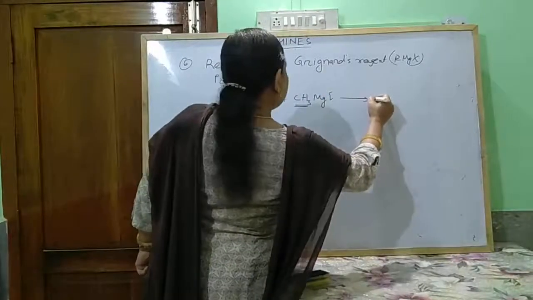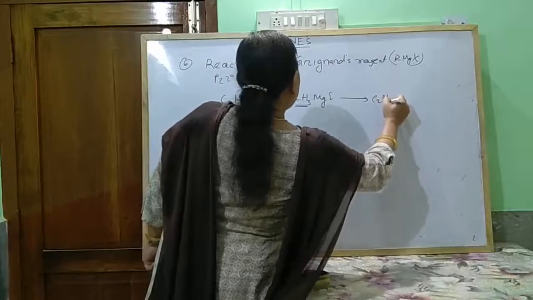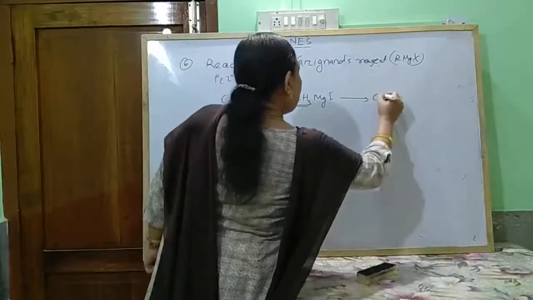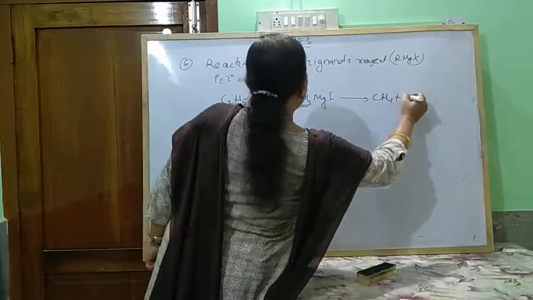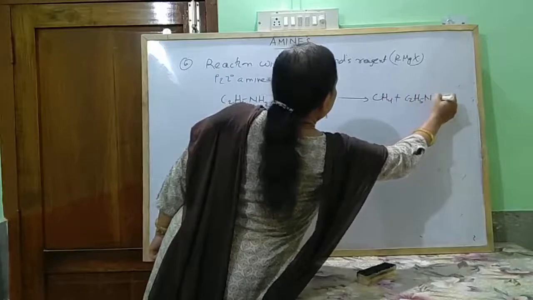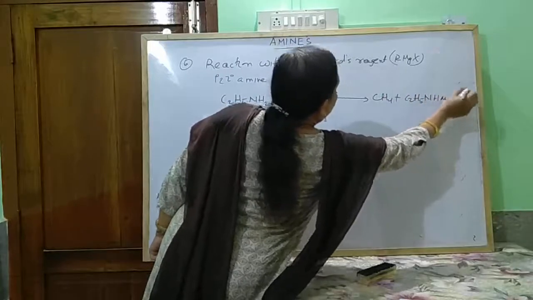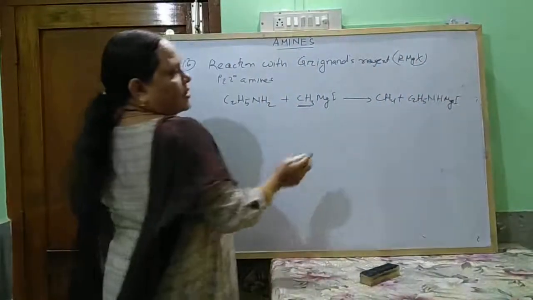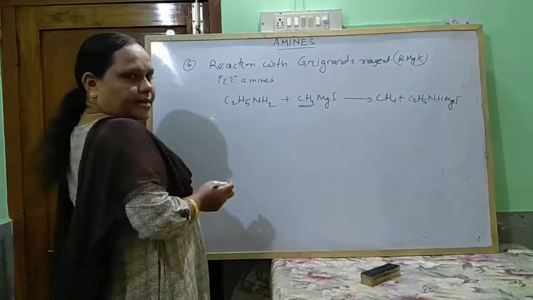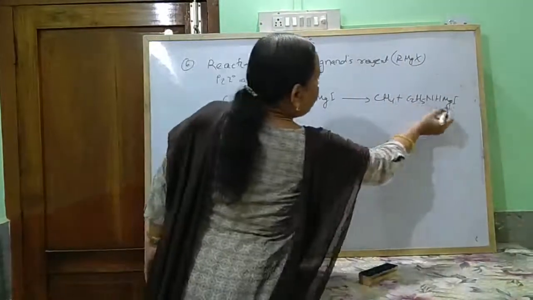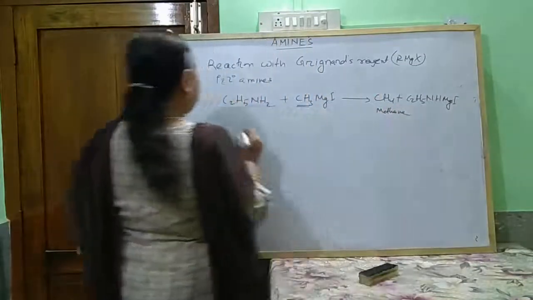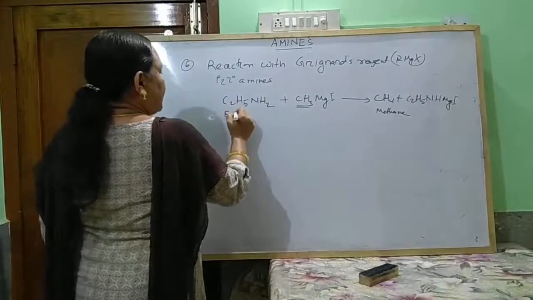It gives CH4 plus C2H5NHMgI, ethylamine magnesium iodide, plus methane. This is ethylamine.